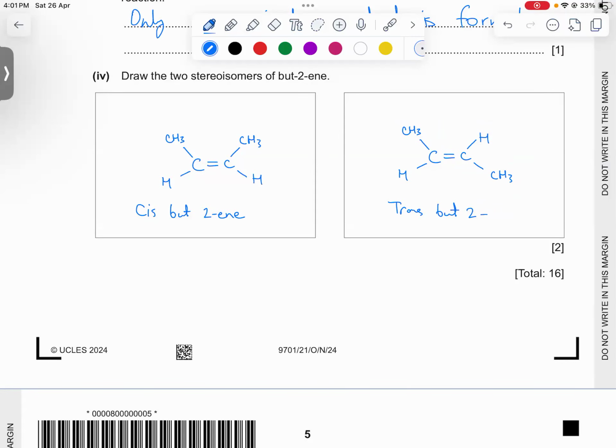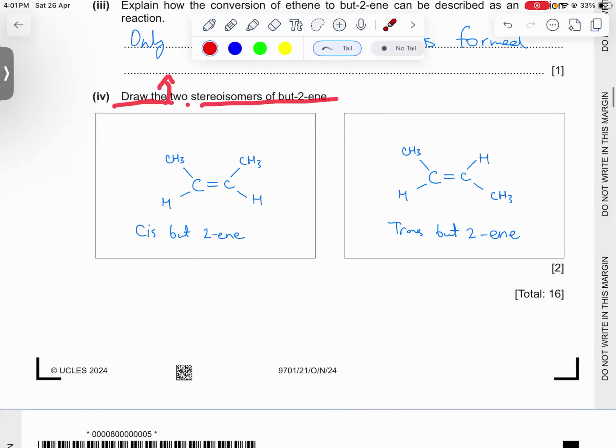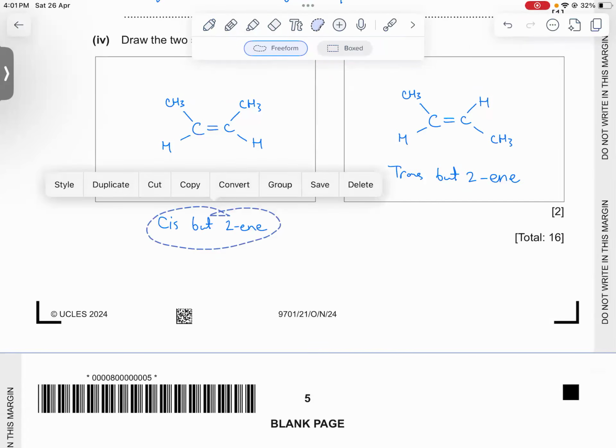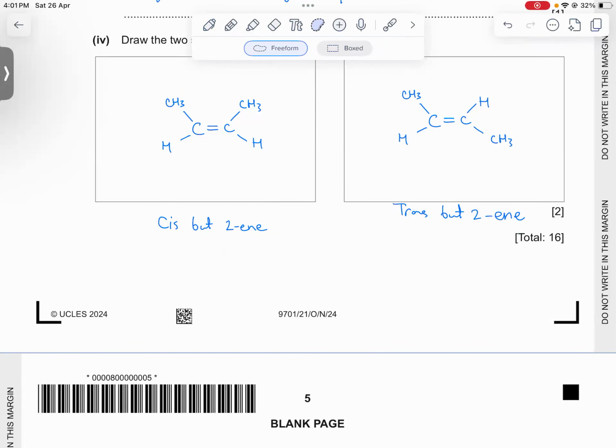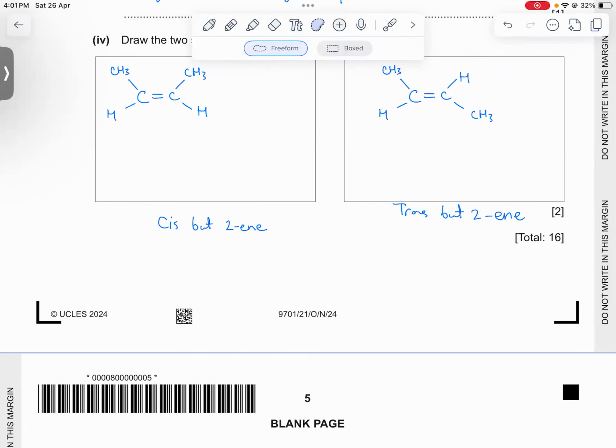The next thing, if this question had another word, draw the skeletal formula of the two isomers of butene, then you would have to draw their skeletal formulas. How would you draw their skeletal formulas? You would draw their skeletal formulas. Let me just write this name outside the box because the name was not asked, but the structure was asked. So you can write it like this, okay?